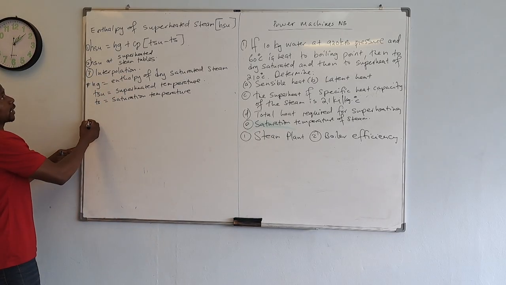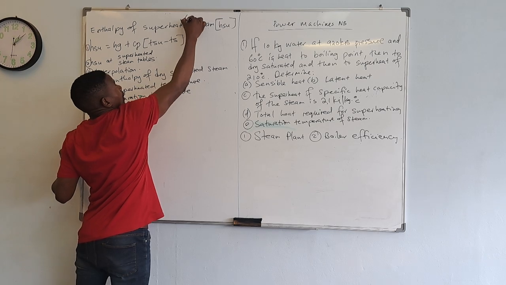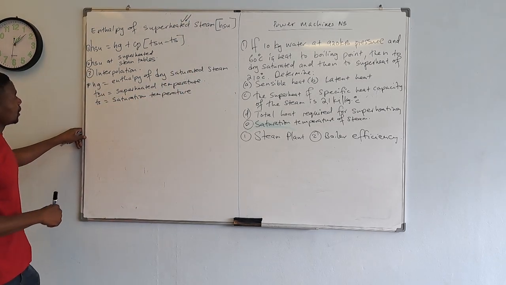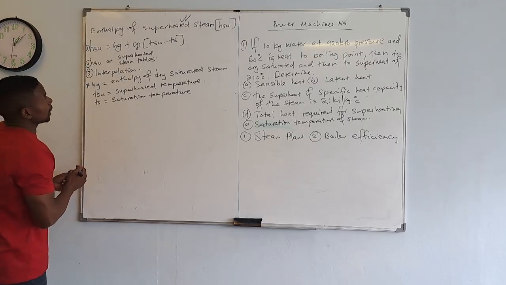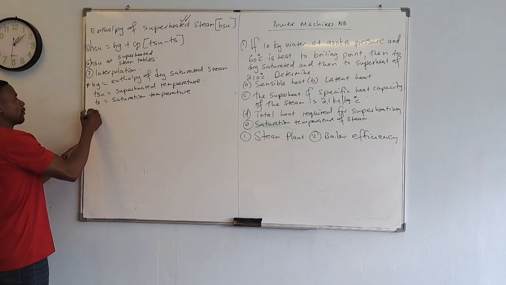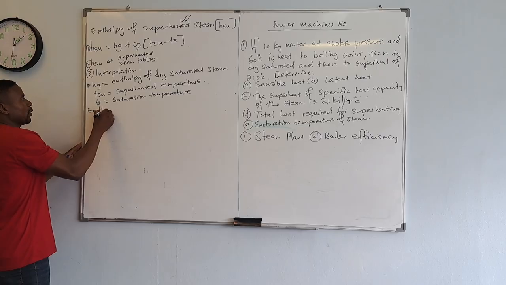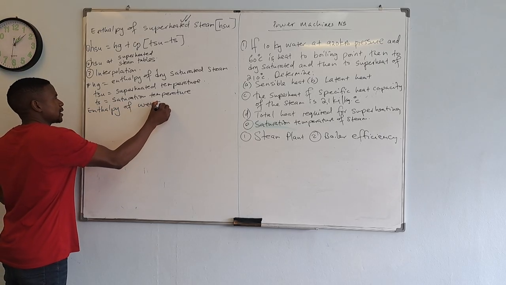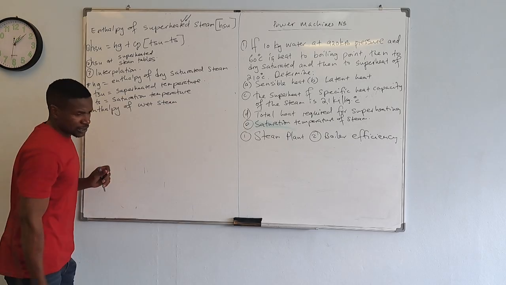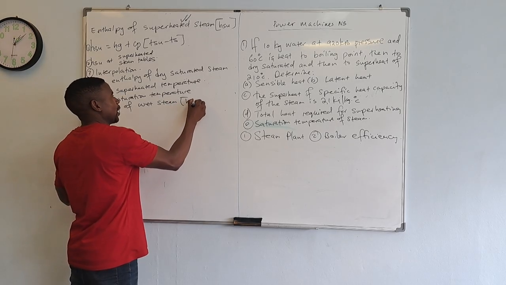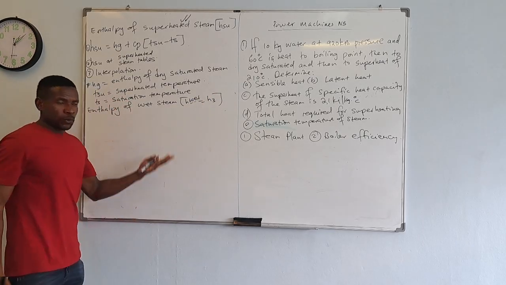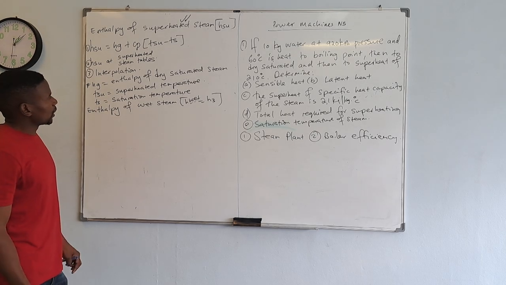Now, let's go to the second part. We have the formulas for how to calculate our enthalpy of superheated steam. The other formula that we might need is for calculating the enthalpy of wet steam, which is normally referred to as H-wet or our H3. We'll be explaining more as we go.